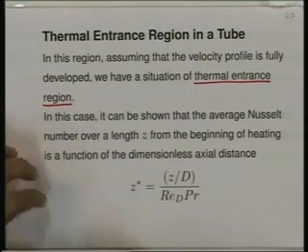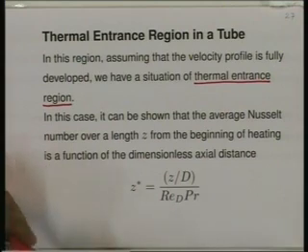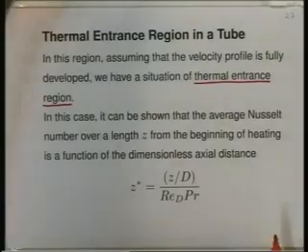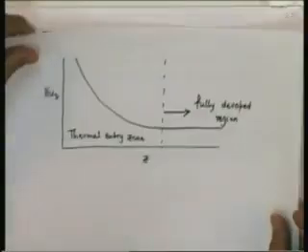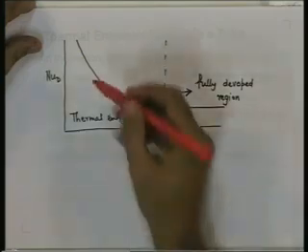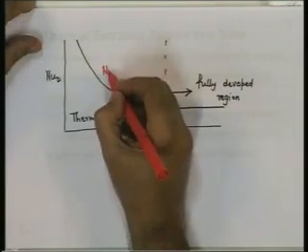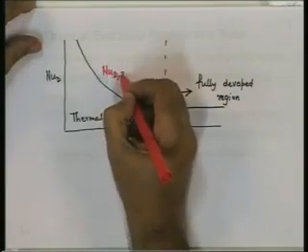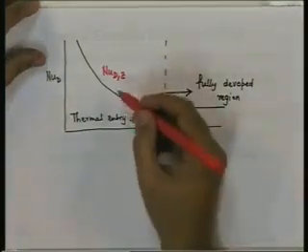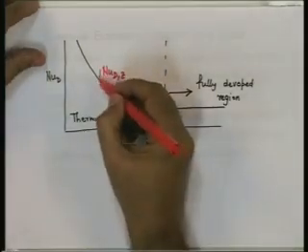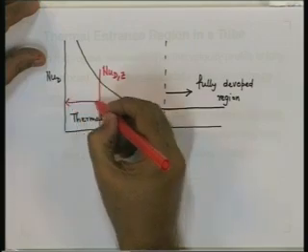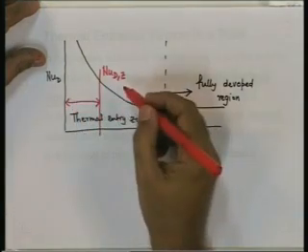In this case, it has been shown that the average Nusselt number over length Z, see, if this is the local Nusselt number, what we want to know is, say, over this length, what is the average Nusselt number?